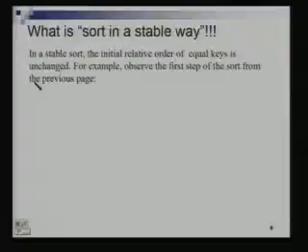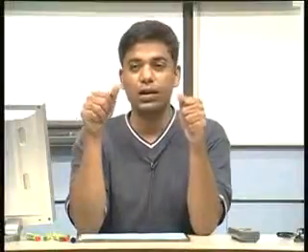Suppose I have a collection of numbers, 1, 3, 11, 3, 5. I have two 3s in there, equal keys. Of course after sorting this array would become 1, 3, 3, 5, 11, but suppose of the two 3s, the first was colored red and the second was colored blue, then after sorting the red should appear before the blue.